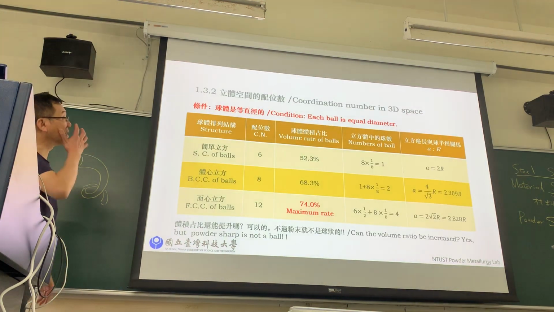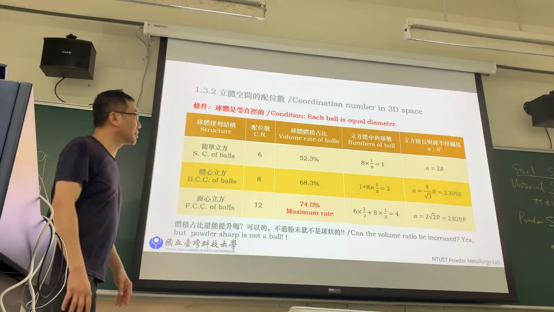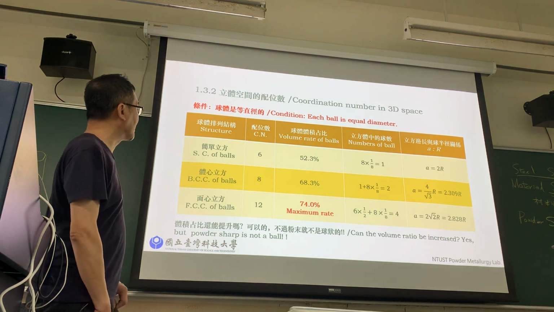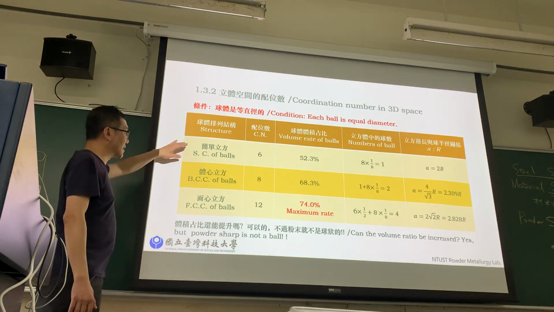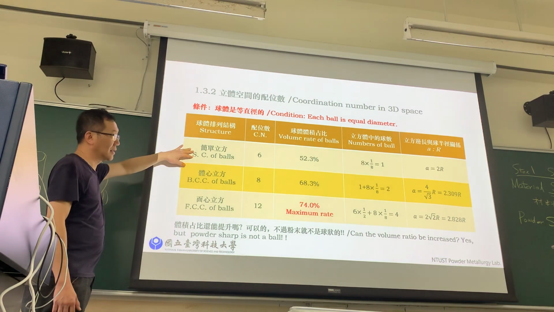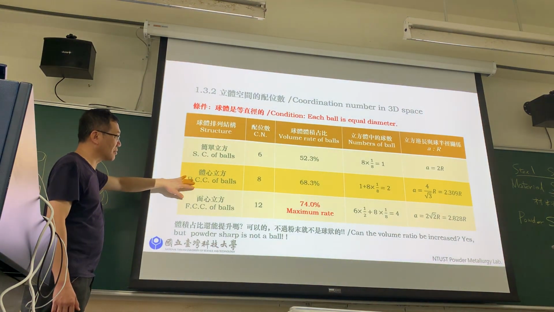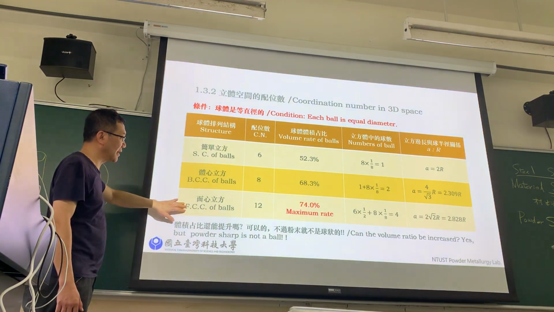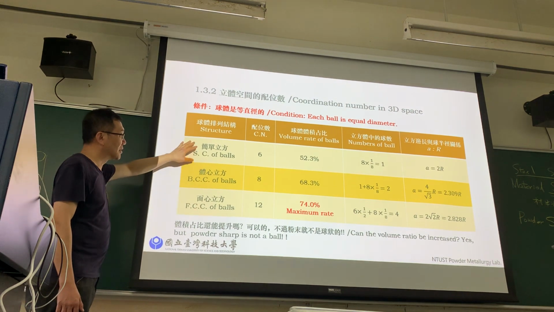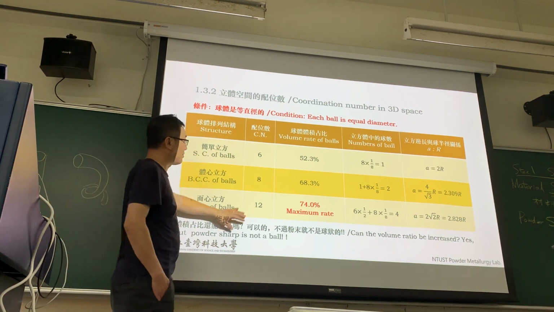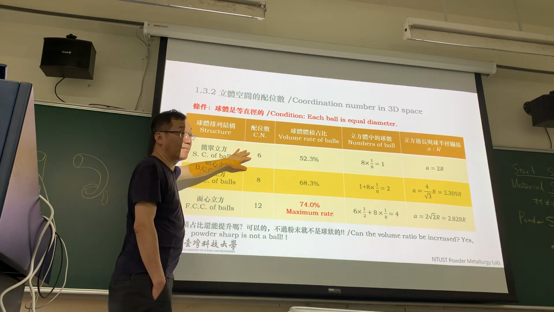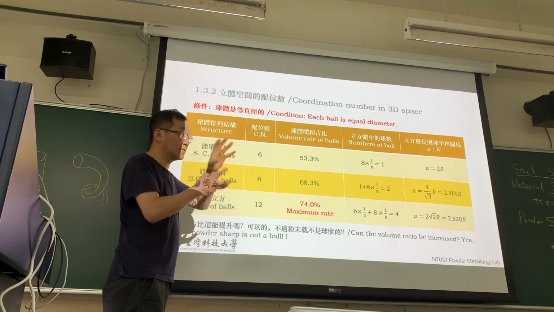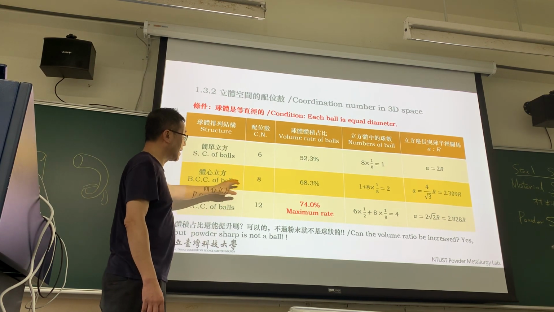So now we look at the coordination numbers in 3D space. We understand the simple cubic. This is the body centered cubic. This is the face centered cubic. So the coordination is different. This one is only 6, one ball in a cubic touches 6. This one can touch 8.